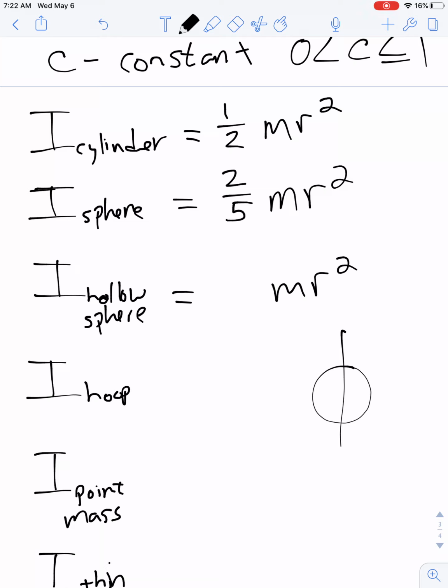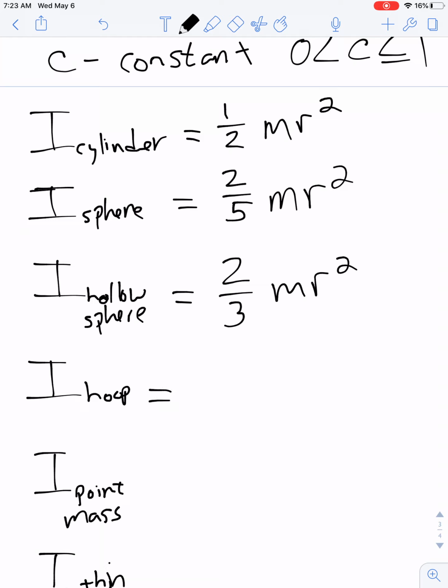In other words, if I have a hollow sphere, then all the interior here is empty, and that means the inertia will be larger than for a solid sphere. So in general, as the mass of an object moves away from the axis of rotation, the inertia gets bigger. So what's the inertia for a hollow sphere? It is 2/3 m r squared.